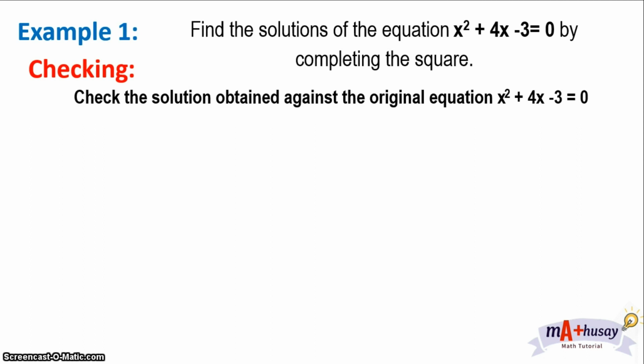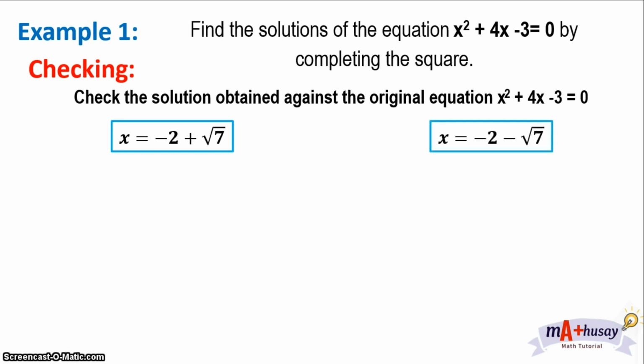Since we know we have two solutions, x equals negative 2 plus square root of 7 and x equals negative 2 minus square root of 7, we will substitute these values into the original equation.